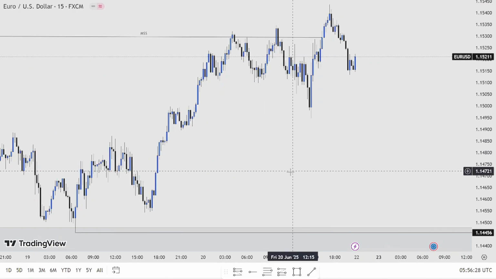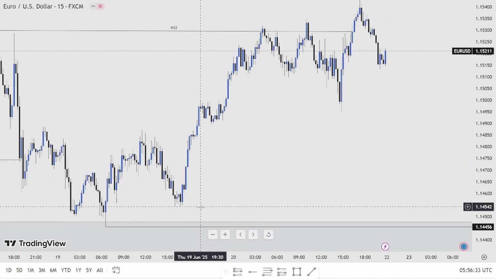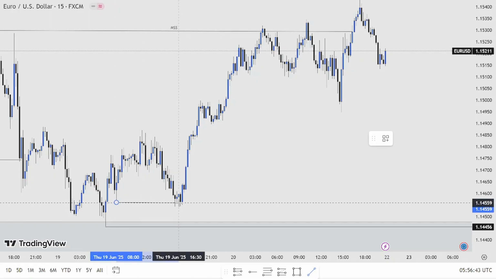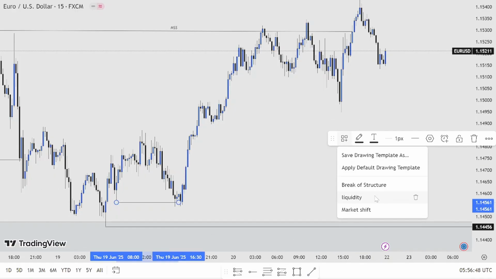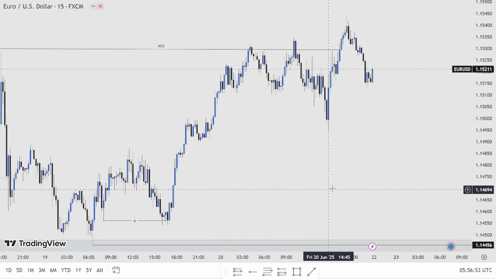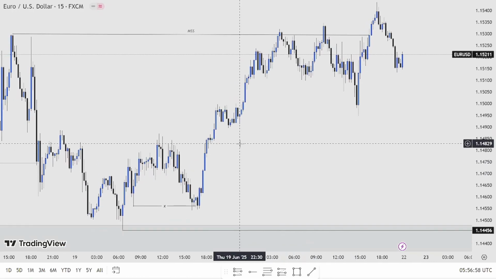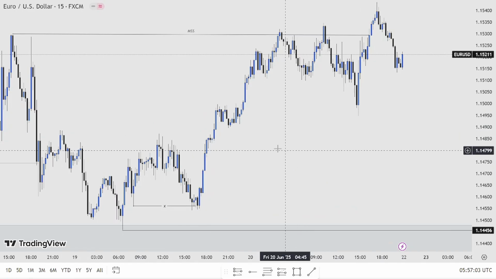In this market shift, you can see that there was a liquidity sweep here. There was a liquidity sweep here. So what you must do is check for endorsement.